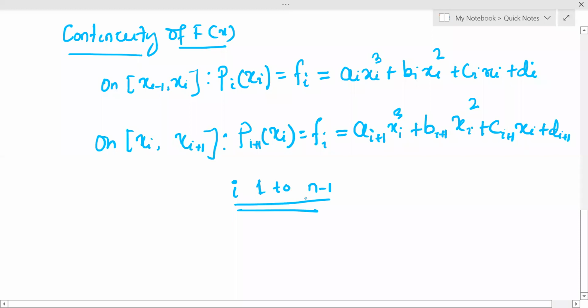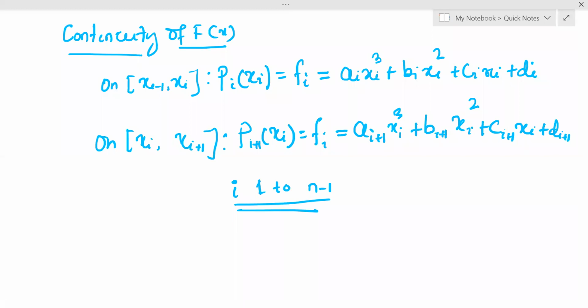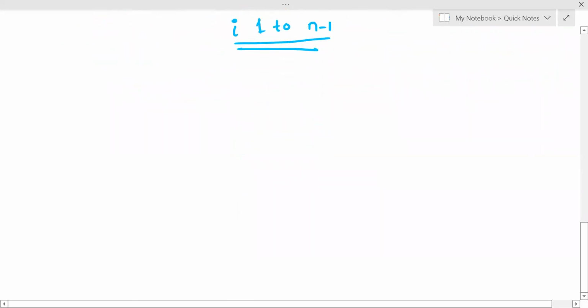The continuity for fx, again continuity for f of xi. Continuity for f dash x. That means that is the derivative part of this function.